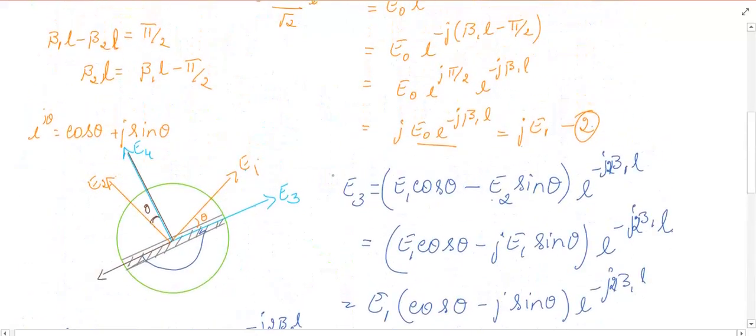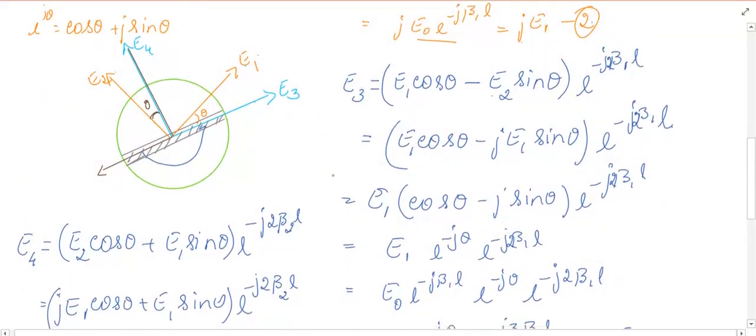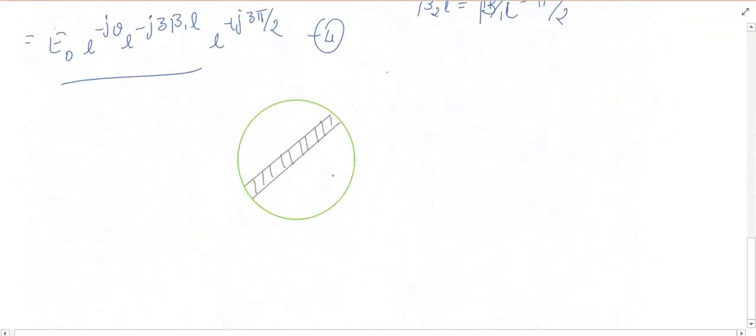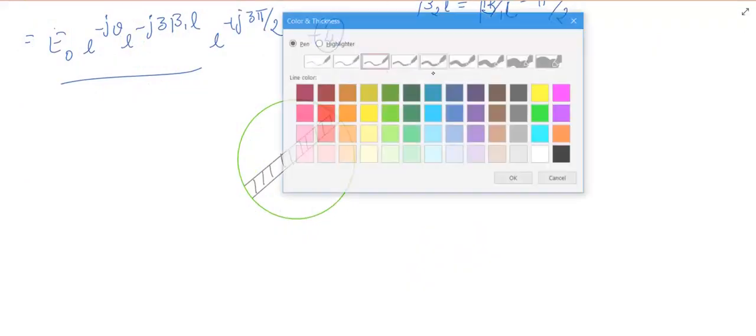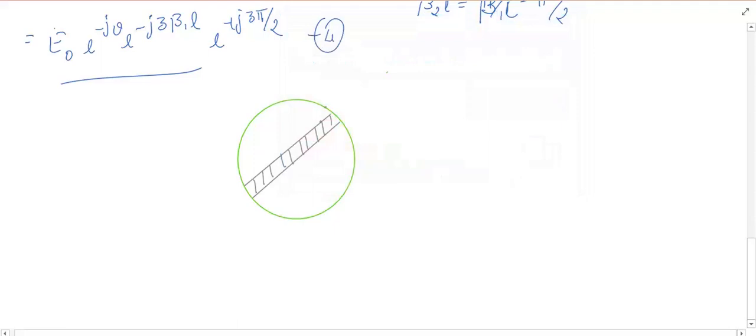Here our E3 and E4 are there. The color we used for E3 and E4 is this. So E3 is here and E4 is making an angle of 90 degree, right? So E4 is here.